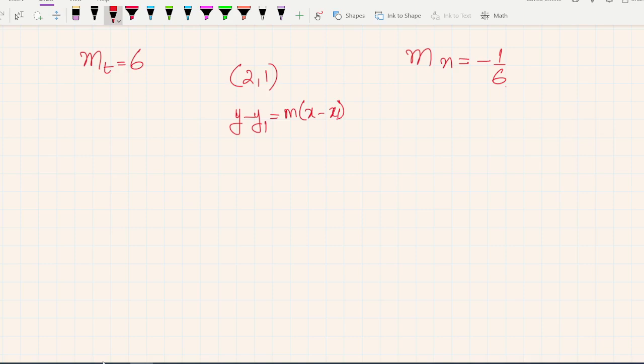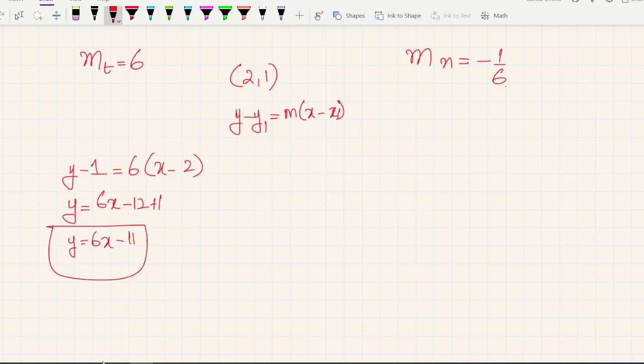To find the tangent line, we write y minus 1 equals 6 times x minus 2. If we simplify this, y equals 6x minus 12 plus 1. So y equals 6x minus 11. So this is the equation of the tangent line.